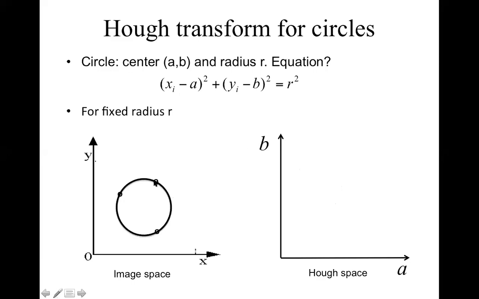Now, because this edge is on the circle, the possible set of all centers will be on the circle that is at radius r and is centered on this edge point. So this point basically will vote for all possible centers that have radius r and could contain this point. It's represented by a circle.